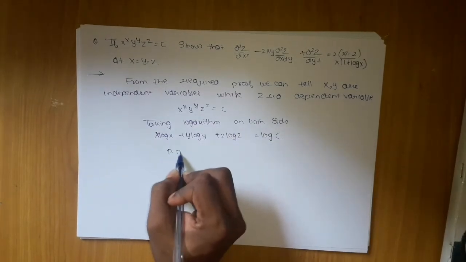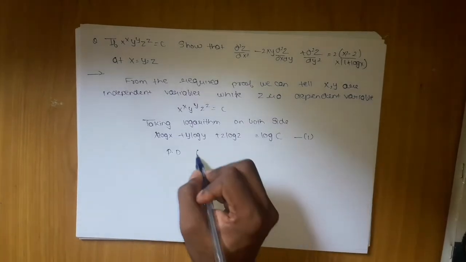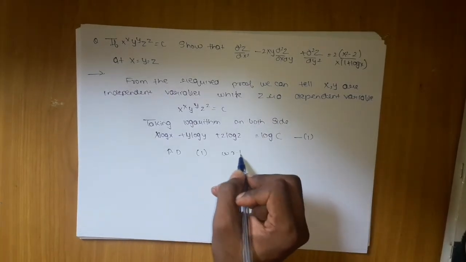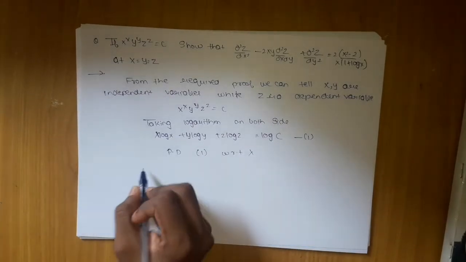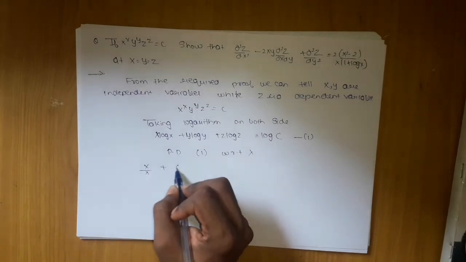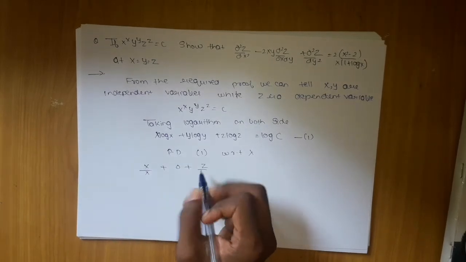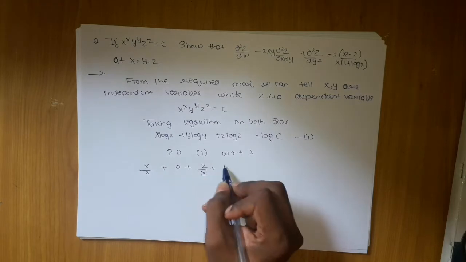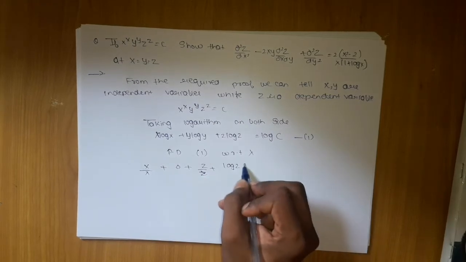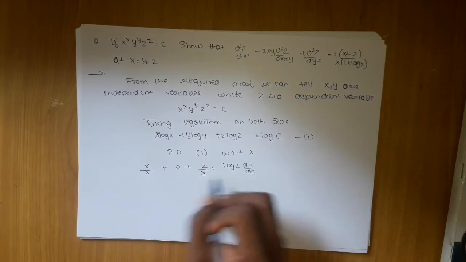Now partially differentiate, call it 1, with respect to x. What we are going to get? x by x plus 0 plus z by z plus log z into dou z by dou x.